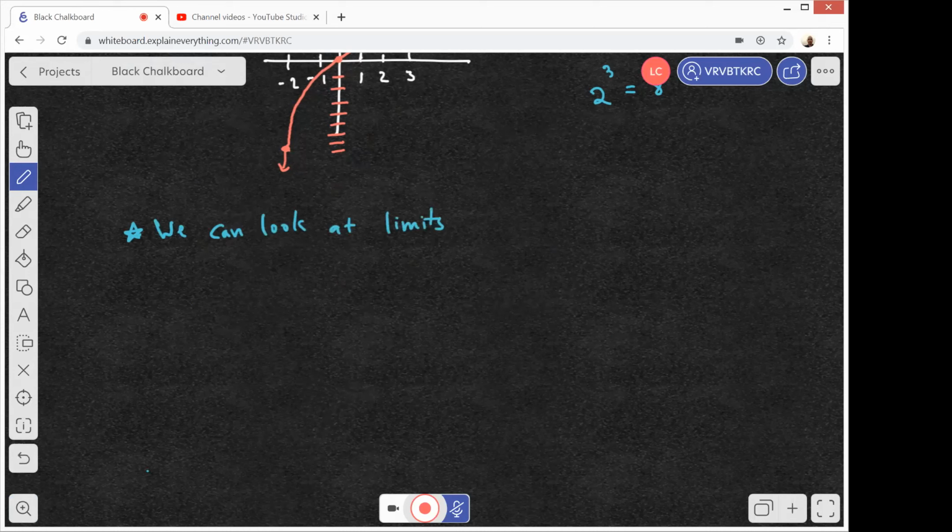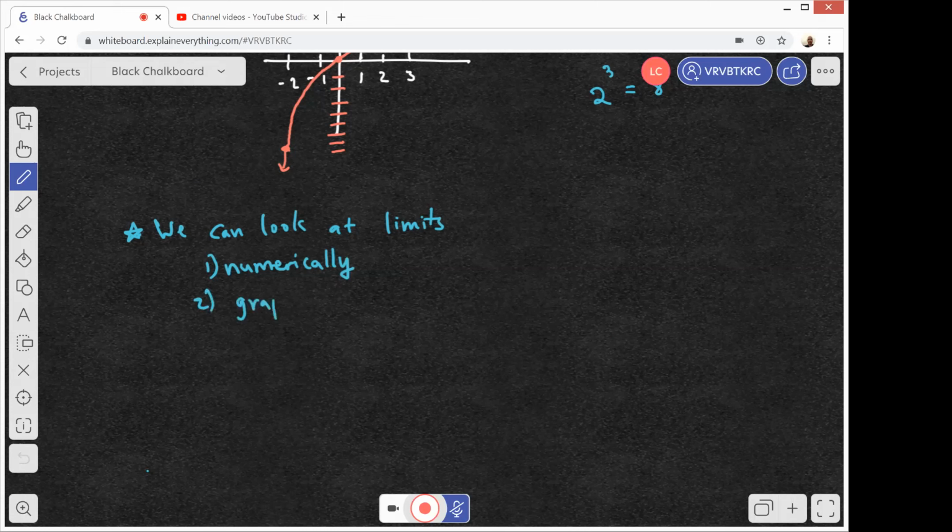One of the ways is how we did in the previous lesson. We did it numerically. We did that table, and that was time consuming, but that's one way of looking at limits.